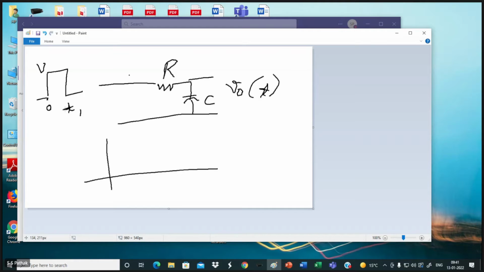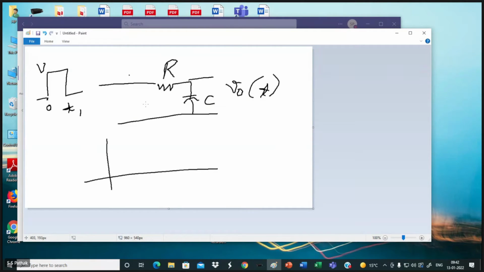When plus V is applied, will that V appear at the output point or not? No. Whatever comes as a current drop here, V minus this current drop, whatever voltage comes here, that will become 0. Is that clear now?